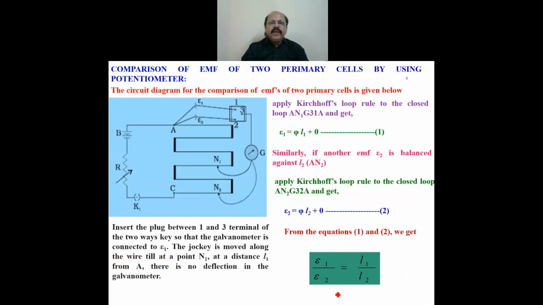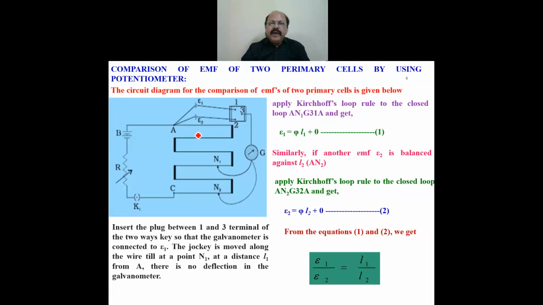Now the first application: comparison of EMF of two primary cells by using a potentiometer. The circuit diagram for the comparison of EMF of two primary cells is shown here. You can see this portion is the potentiometer. Here you can see only 6 wires.